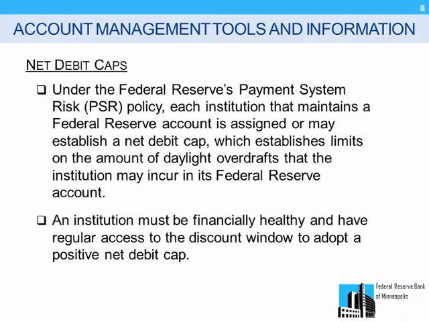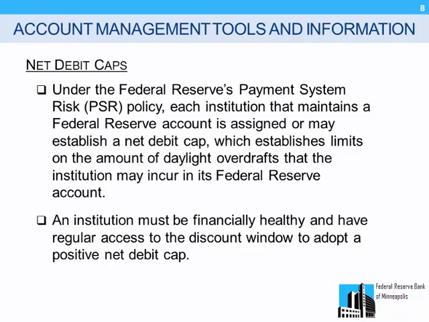The PSR policy also allows reserve banks to protect themselves from the risk of loss by potentially reducing net debit caps, imposing a requirement of collateralization or a specific account balance, rejecting or delaying certain transactions that might cause or increase a daylight overdraft, and in extreme cases, prohibiting an institution from using Fedwire.